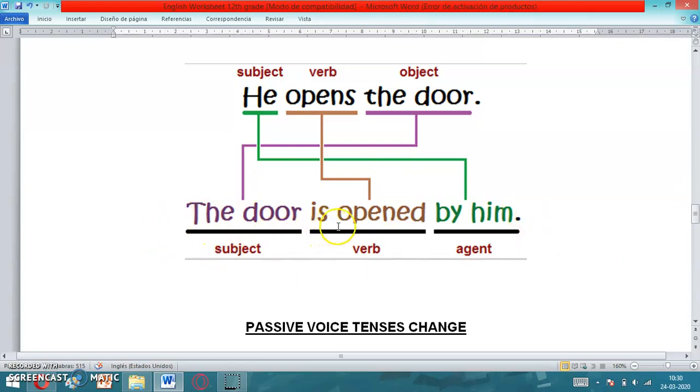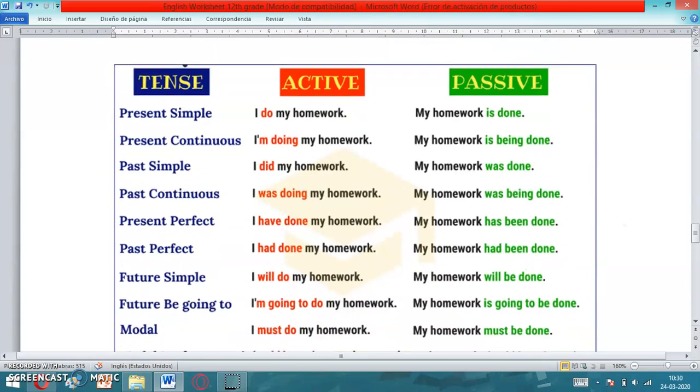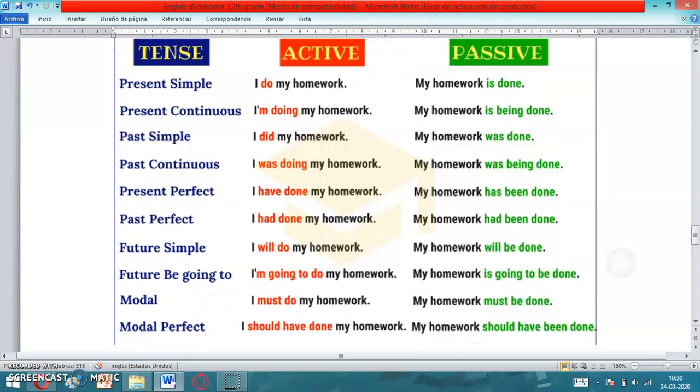The door is opened by him. Here we have how it changes in all the tenses. Okay, this is our passive voice tenses change chart.